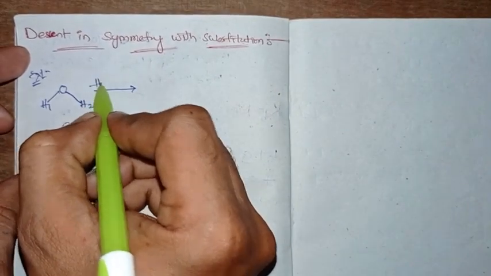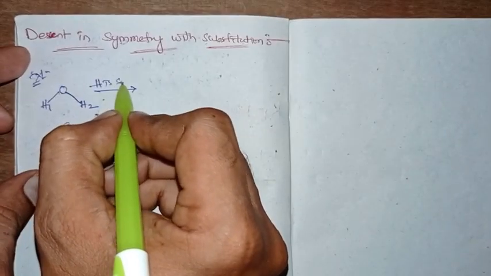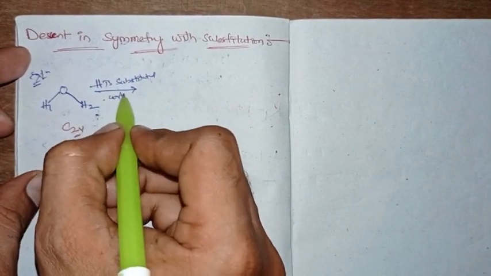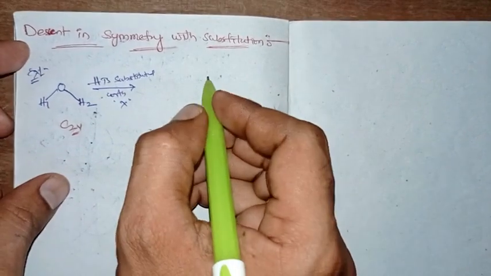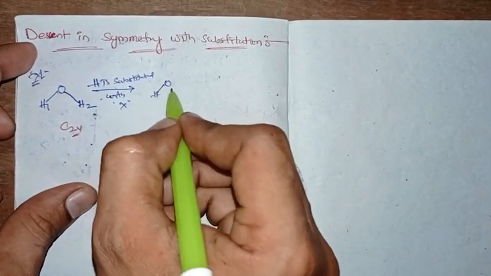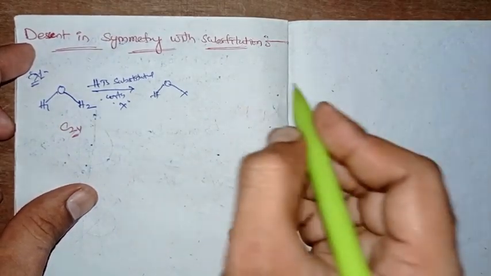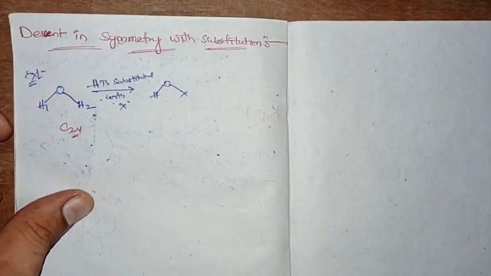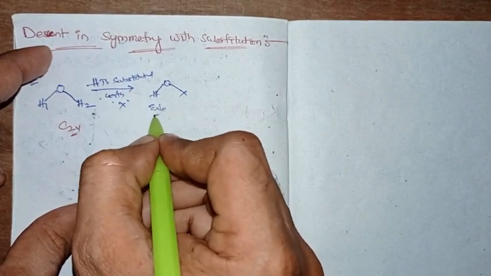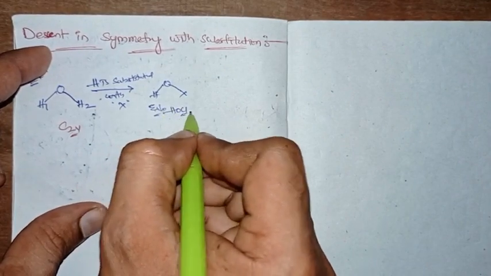When the hydrogen is substituted with some X atom, it certainly gets such a moiety.